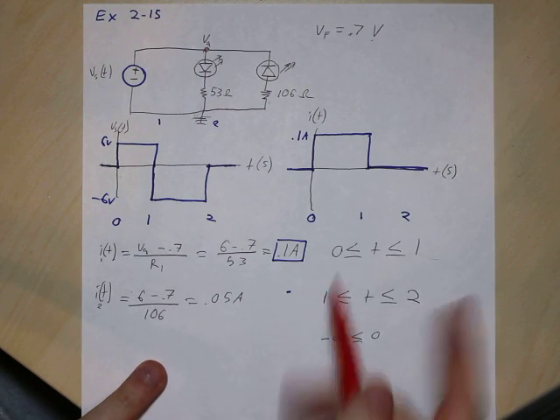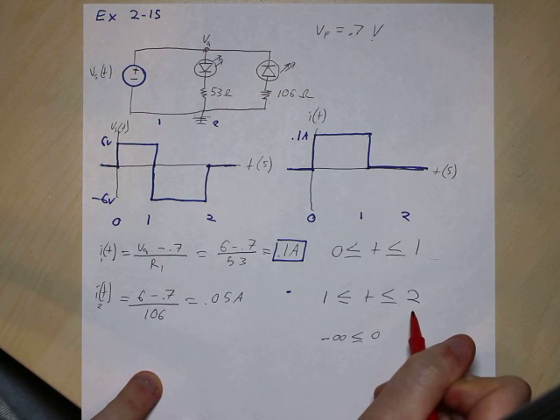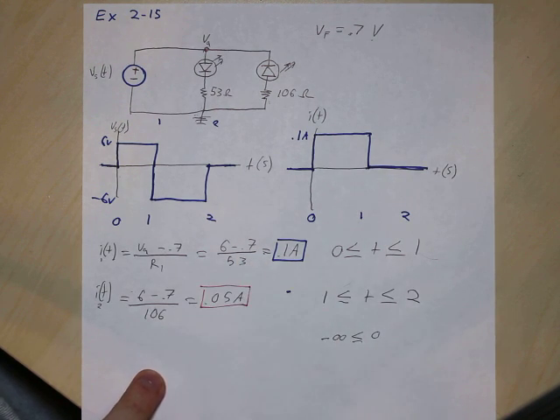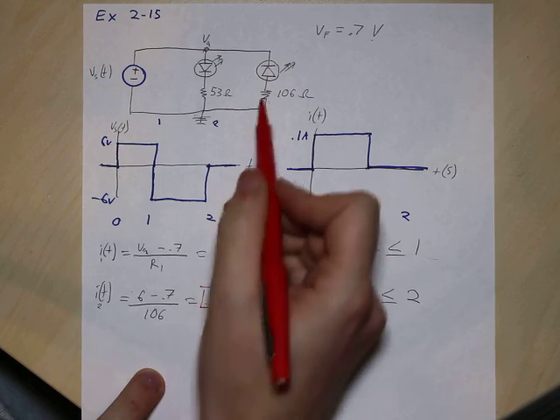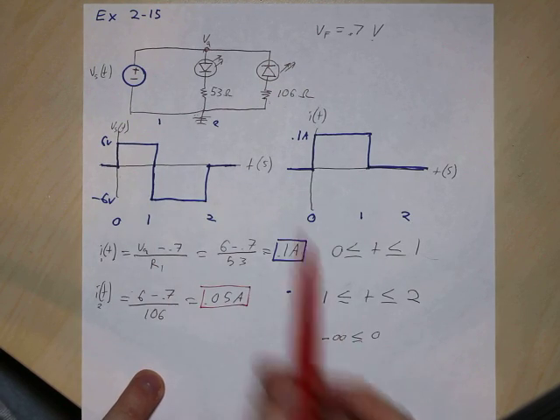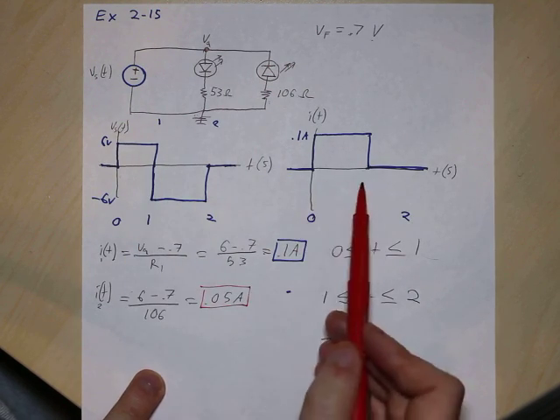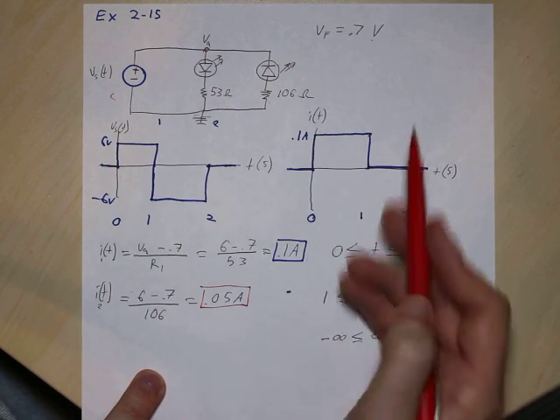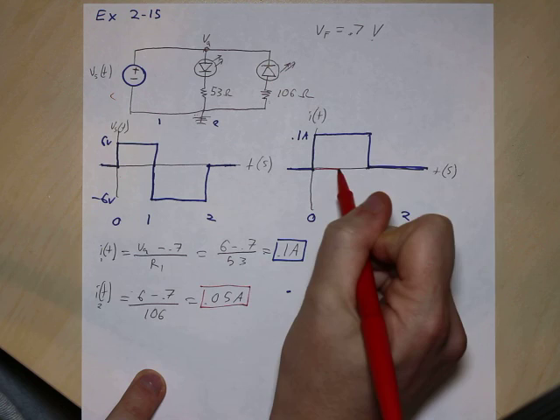So what happens from 1 to 2 seconds? So from 1 to 2 seconds, we have 0.05 amps. So nothing is going to happen before 1, because remember, before 1 second, from 0 to 1, all the current is going in this direction. Nothing is coming backwards through that diode. So this is going to be 0.